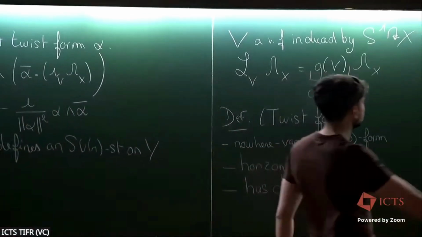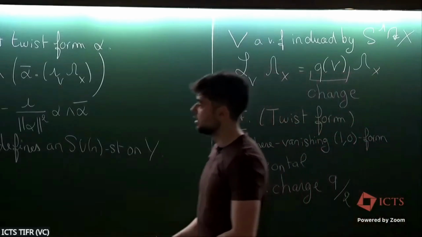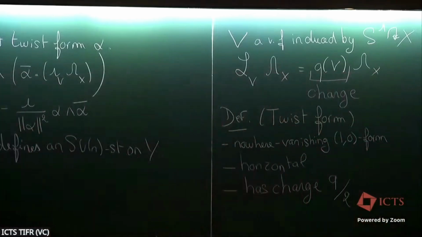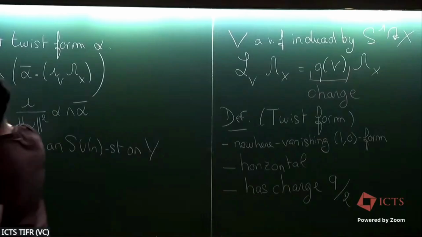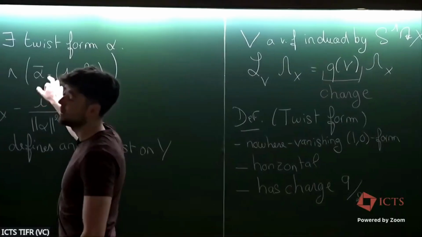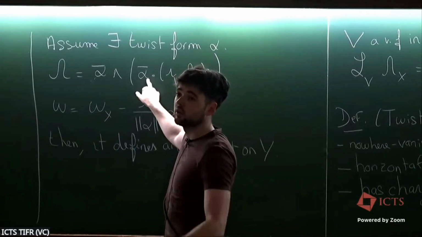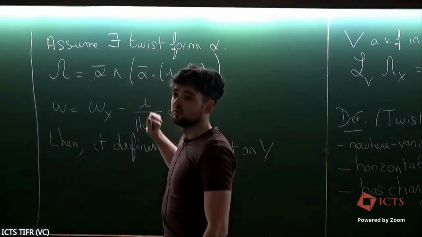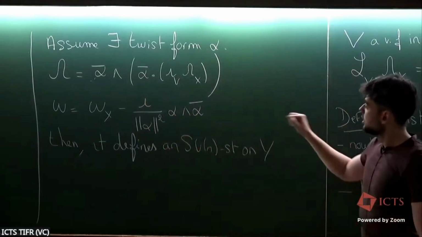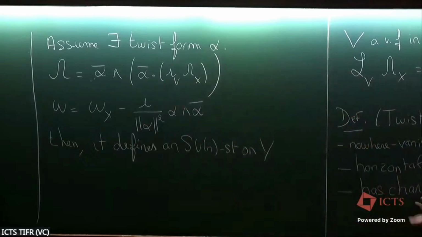Yeah, this is the contraction with respect to the metric, so you can identify the 1-0 forms with vector fields. Here is a contraction too, several notations. Yeah. Thank you.